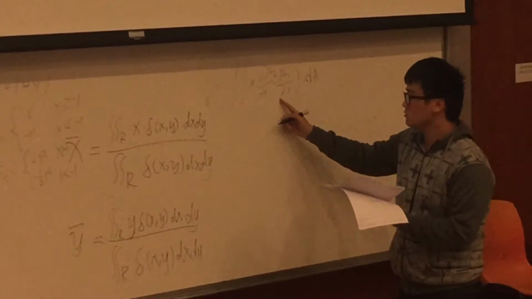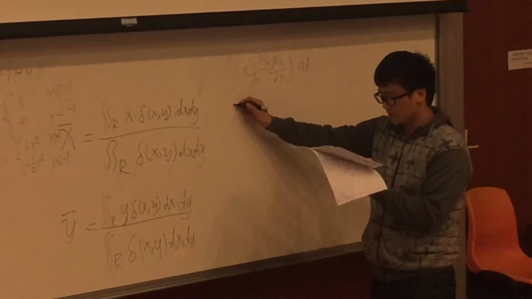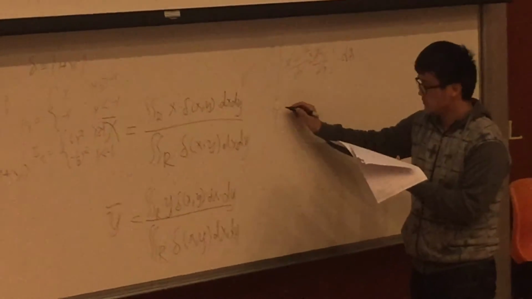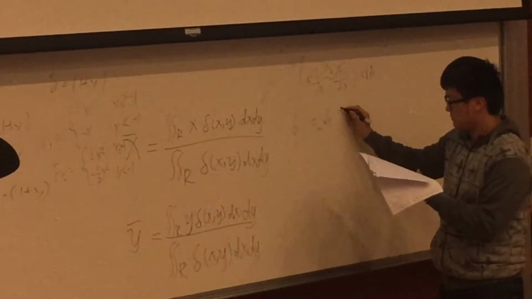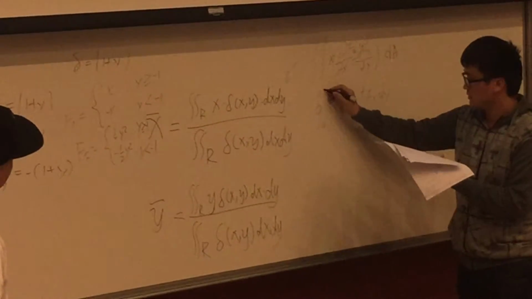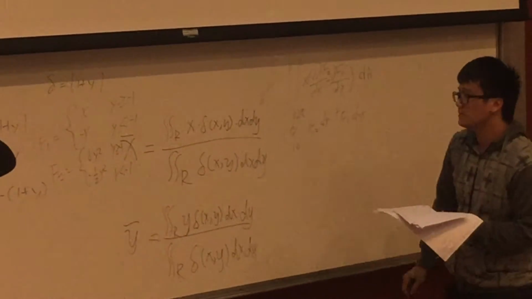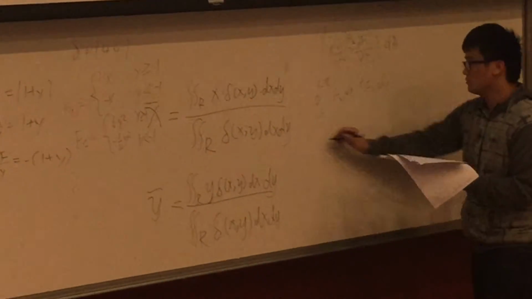And use Green's theorem to convert it into an integral. We can get that. However, the density has the absolute value, so we have to divide it into 2 cases.